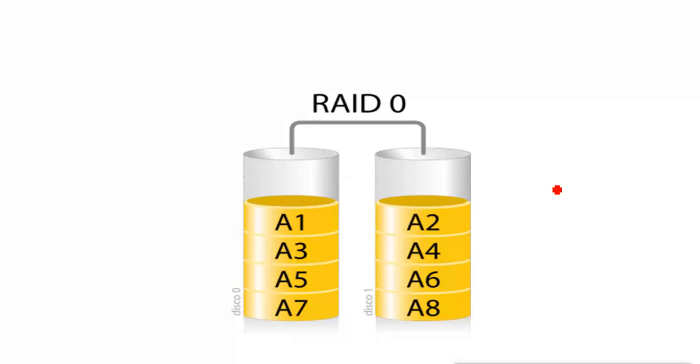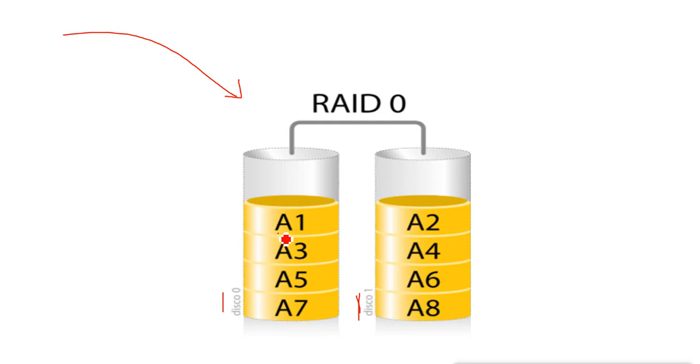So if you have 2 disks, for example, this is disk 1 and this is disk 2. When you enter data into this RAID 0, for example your data is A1, 2, 3, 4, 5, 6, 7, 8, it will write the data by striping.